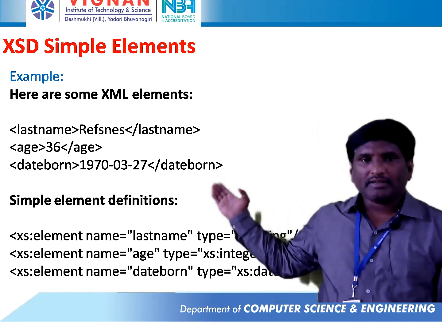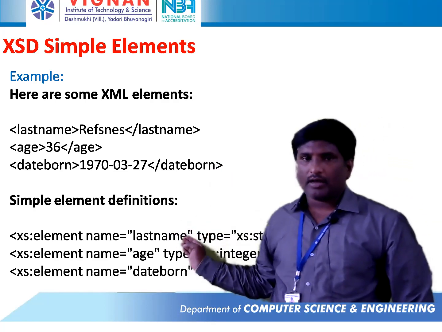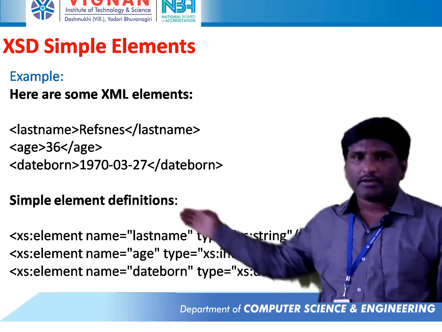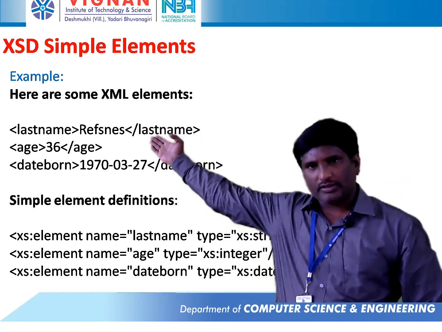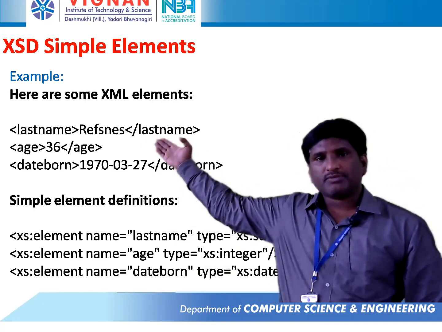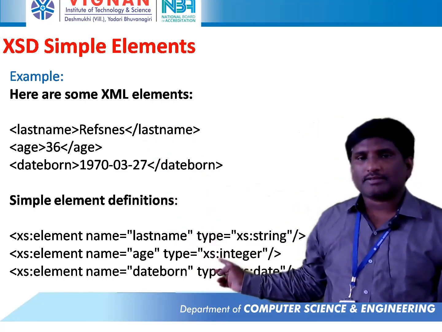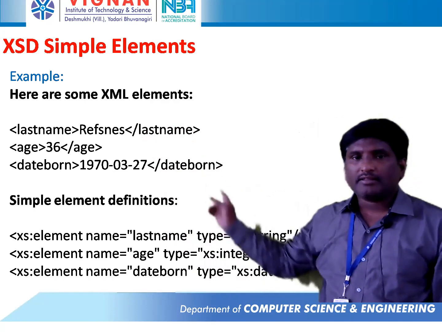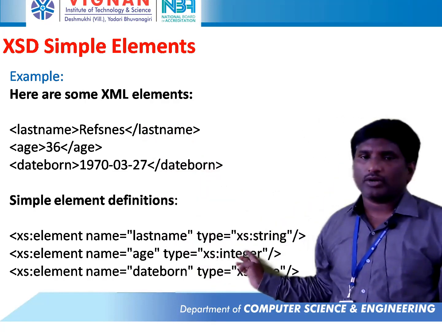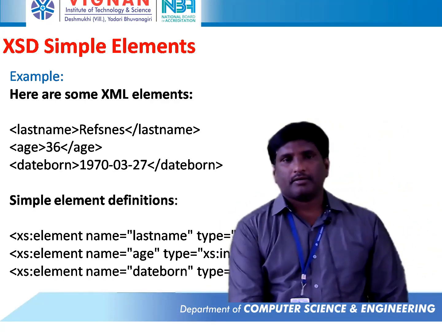For that, the schema is this: xs:element name equal to lastname, type equal to xs:string, because we are providing only characters, pure text. The second one, age, we are specifying integers, so type equal to xs:integer. The third one provides a date, so the name is dateborn and the type is xs:date, because these are the data types provided by the XML schema.